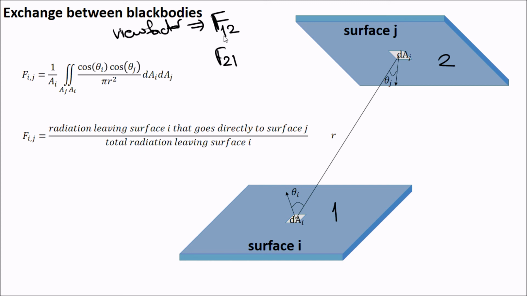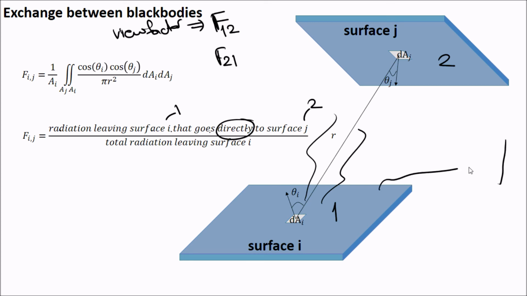So what is the definition of the view factor? It says the radiation leaving surface i, let's say 1, that goes directly to surface 2. Radiation leaves surface 1, it can be reflected or emitted, and reaches surface 2 directly. It's very important, directly, because if it goes to a surface here and then back here, it is not counted.